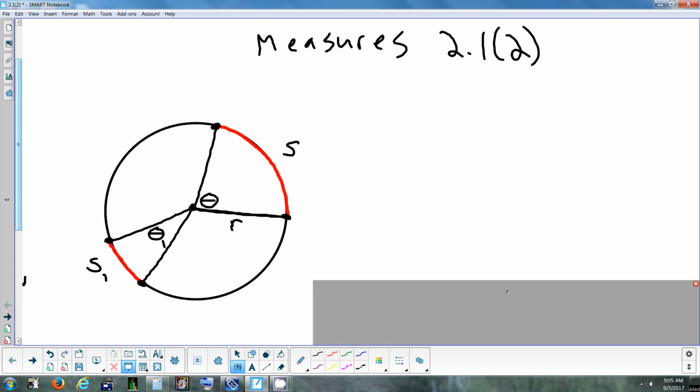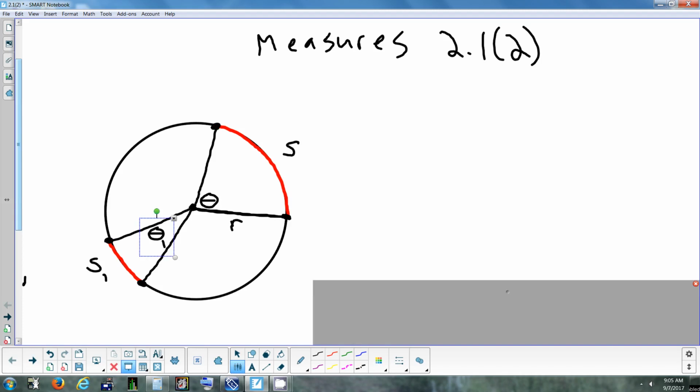And there's a relationship in this diagram between the size of this angle and the size of this arc. Anyone have a guess what would happen to the size of the arc if you made the angle half as big? Yeah, it would decrease by half. The arc would also become half as big.